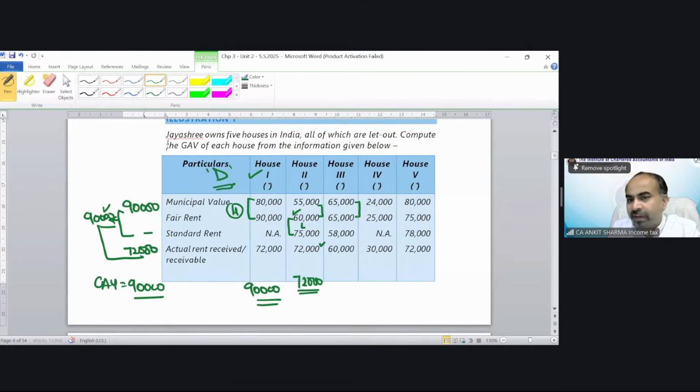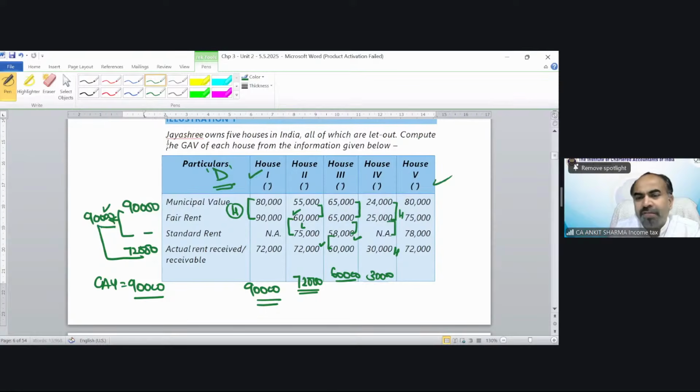Higher would be 65. 65, 58, the lower would be 58. Now 58 and 60, higher would be 60. 24, 25, higher is 25. 25 and not applicable, so 25 would be the value. 25 and 30, higher would be 30.